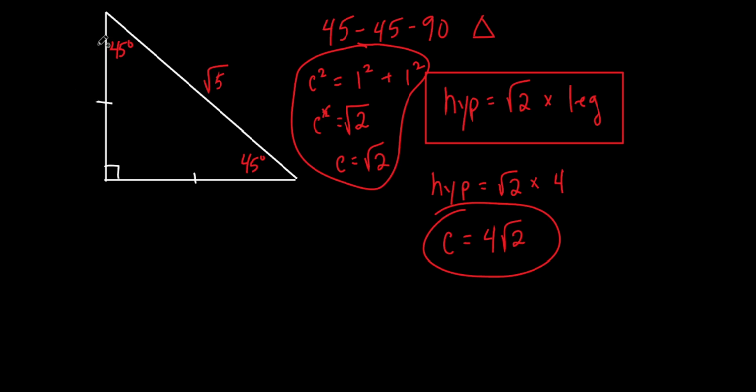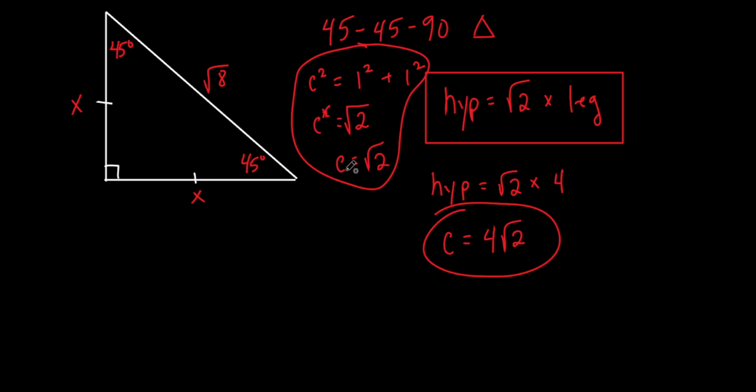And they ask for the legs. Let's call it X. So if this is X, what's this going to be? Has to be X, because if it's a 45, 45, these two have to be the same. Agreed? So now this is a little different. So watch. Actually, let's make this a different number. Let's make this an 8.